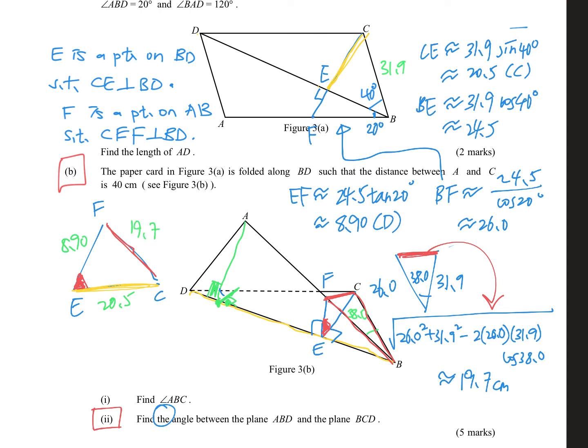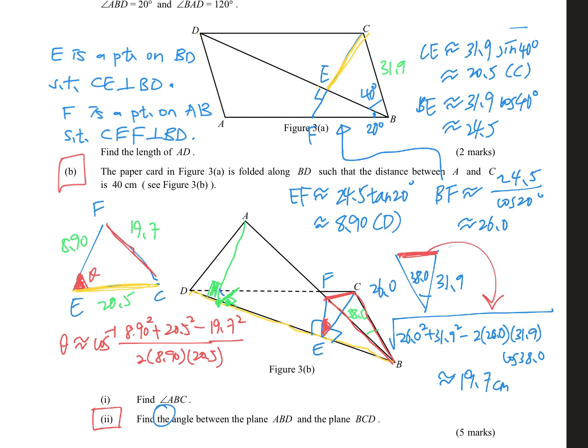So finally this theta will be arc cosine of 8.90 squared plus 20.5 squared minus 19.7 squared over 2 times 8.90 times 20.5. 8.90 would be D, right?